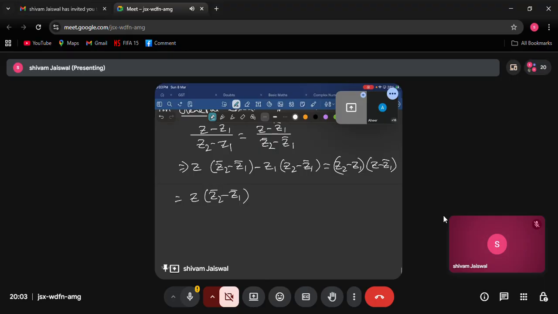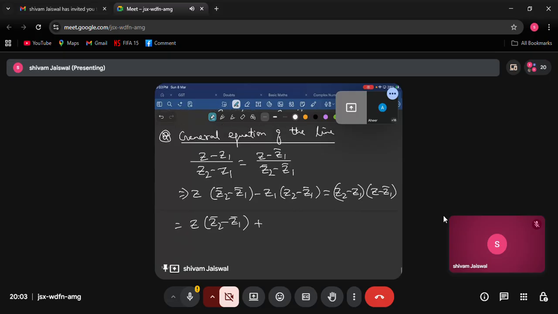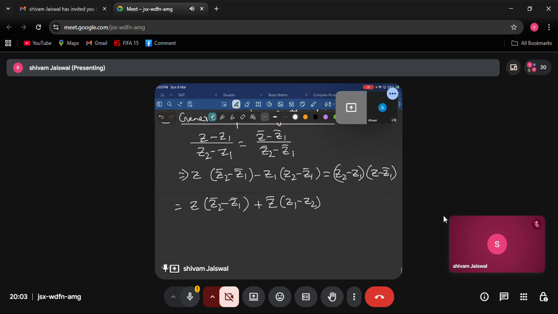Okay, plus z bar. Right hand side it is z bar into (z1 - z2). Okay, taking z bar into (z1 - z2) to the left hand side, plus z1 bar into z2, minus z1 into z2 bar.